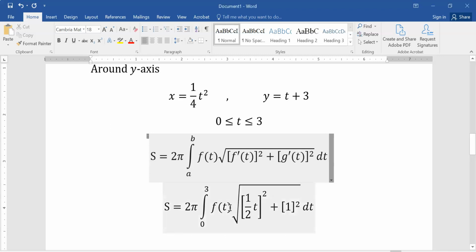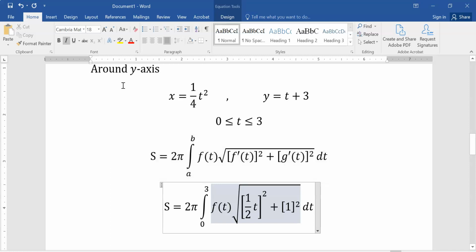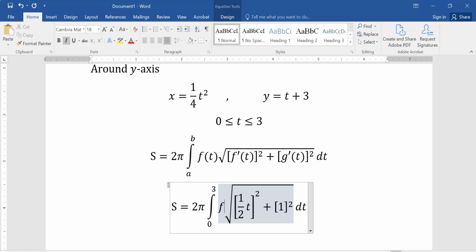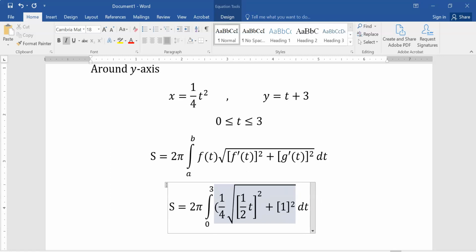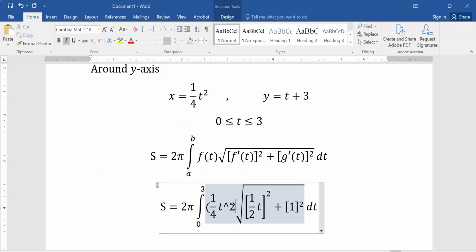So this function obviously changes because we're spinning around the y-axis. The distance from the curve to the y-axis will be whatever the x value is. So we replace that f of t with a 1/4 t squared.